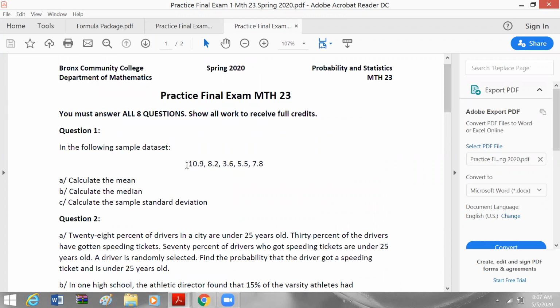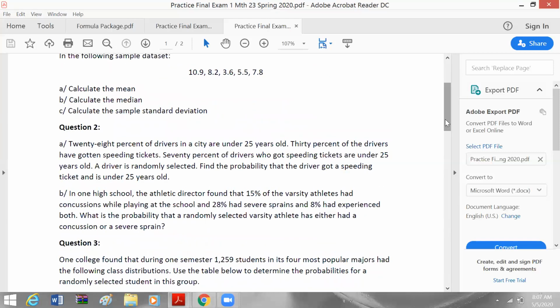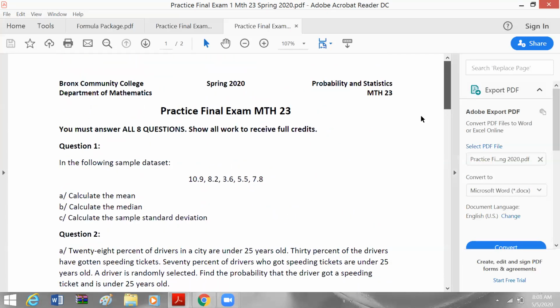Each question is going to ask to compute the mean, the median, and standard deviations. Question number 2 was a little bit challenging, with 2A hard and 2B easy. My recommendation is that we work on it in order, right?